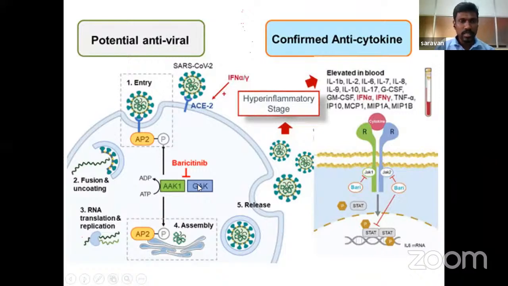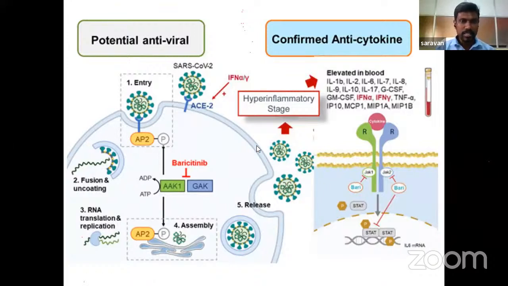Along with that, the cyclin G associated protein kinase also helps in endocytosis of the virus into the cell. So Baricitinib, by inhibiting the NUMB associated kinase, that is AAK1, which is a subfamily of NUMB associated kinase, and the cyclin G associated kinase, prevents the endocytosis mediated entry of virus into the cells.